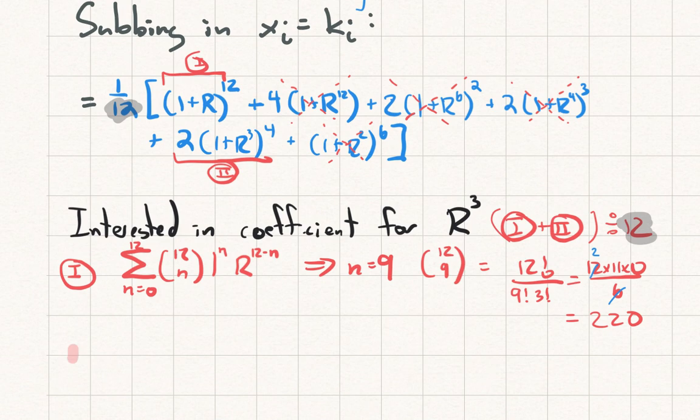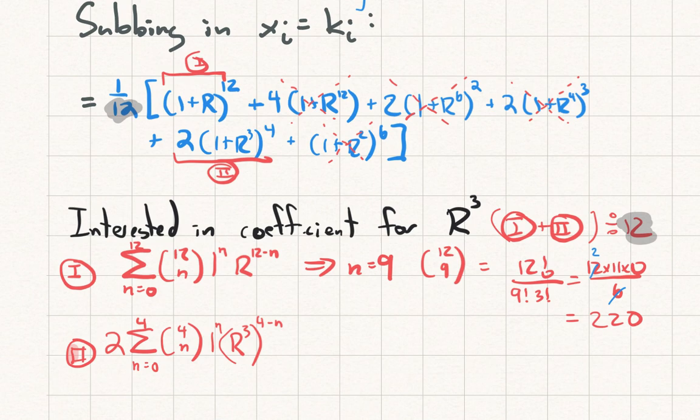Well, case 2, similar thing, except now our variable is r cubed, not just r. So we have 2 times the sum, and n goes from 0, in this case, to 4 of 4 choose n, and we have 1 to the n r cubed to the 4 minus n.